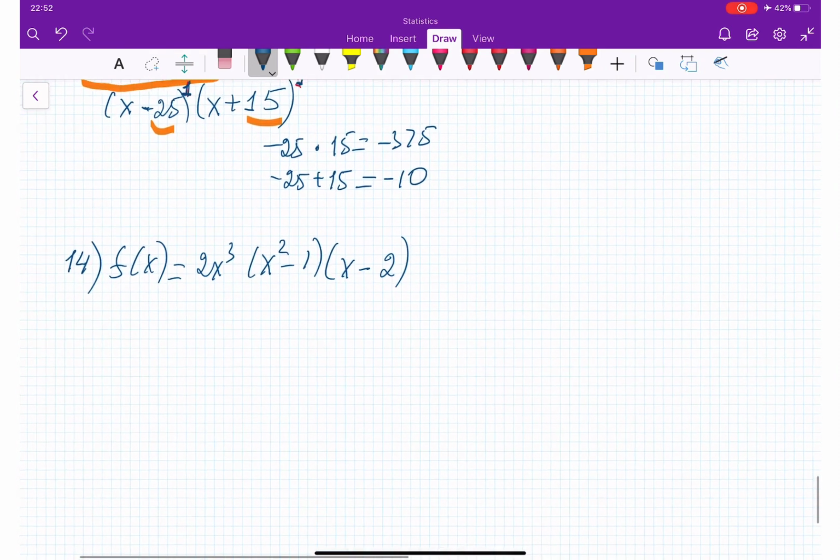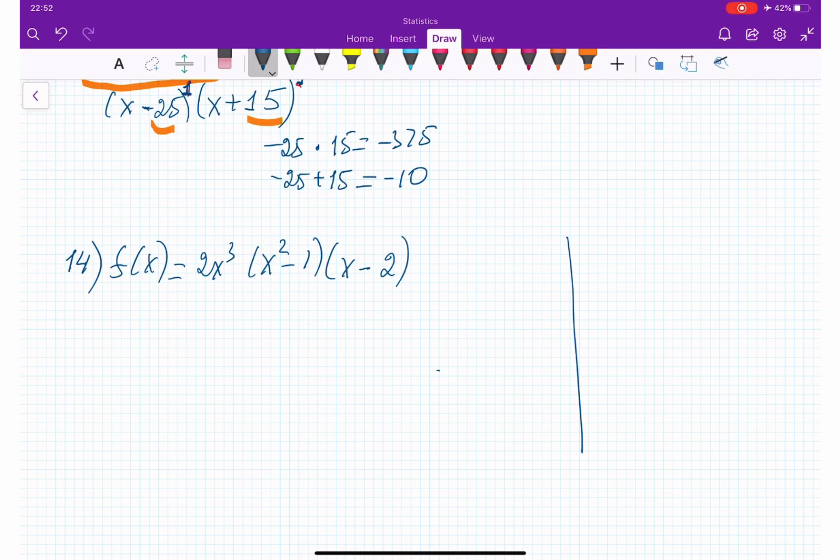Okay, let's go a little bit faster since we already have so much experience. So what do we have here? Here we have degree 3, here we have degree 2, and here we have degree 1. So 3 plus 2 is 5 plus 1 is 6.